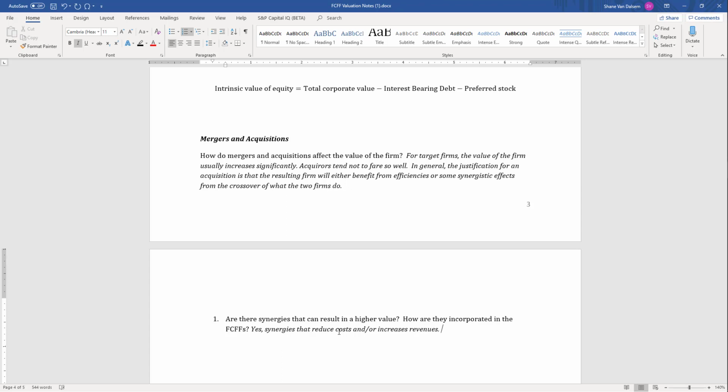How are they incorporated in the free cash flows of the firm? They should be incorporated as an estimate of an increase in the free cash flows of the company that exists after the acquisition.